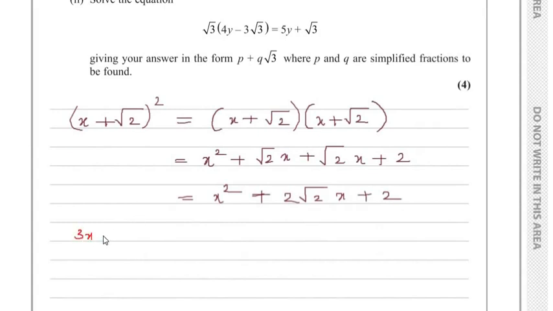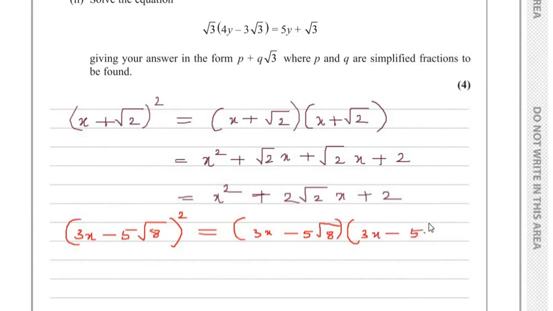Again I am going to split it up into two brackets, that is 3x minus 5 root 8, multiplied with 3x minus 5 root 8.